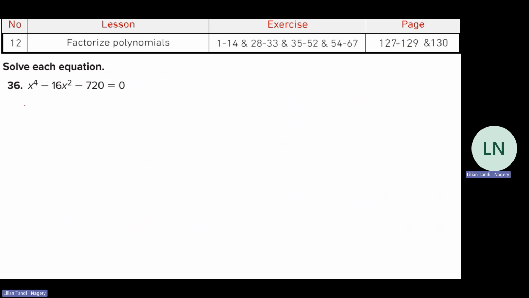Repeat the same. This is u squared minus 16u minus 720. Put it in the calculator or jadwal or do the quadratic formula. You will get 2 values of u: u equals negative 20 and u equals 36.